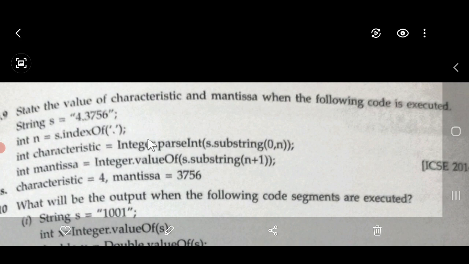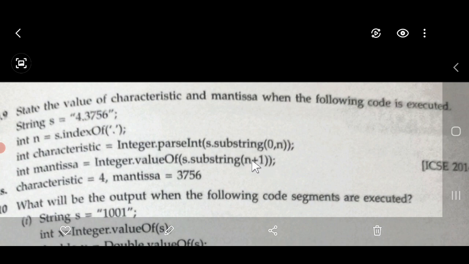So what is there? Integer.parseInt is extracting a string, but it will be converted to integer, because this side is int. So it will have 4, and mantissa will have Integer.valueOf, again a function to convert the string into the integer type. So s.substring(n + 1).